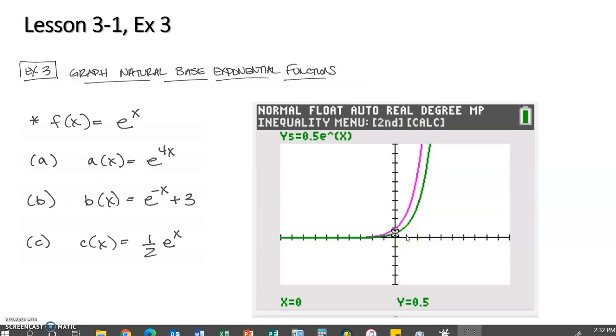That's going to be e to the first. Now the natural base is 2.7182, and again, it's an irrational number. It just keeps going. And so that's going to be approximately right in there. But what happens if I take half of that number? It's going to drop down. So the 1/2 flattens the parent function, and that's what you have in the green line.